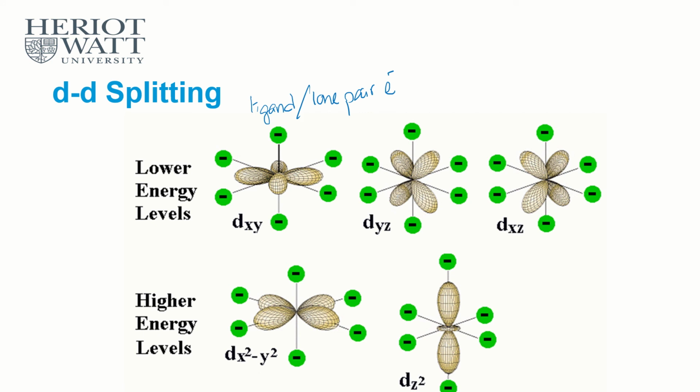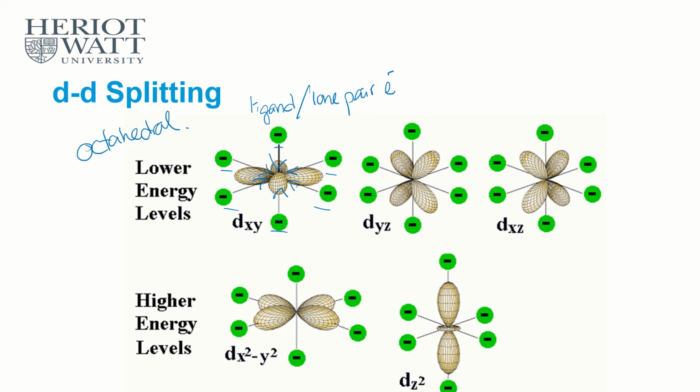And how many ligands do we have? 1, 2, 3, 4, 5, 6. We have six ligands here, and they come in these directions, as an octahedral.